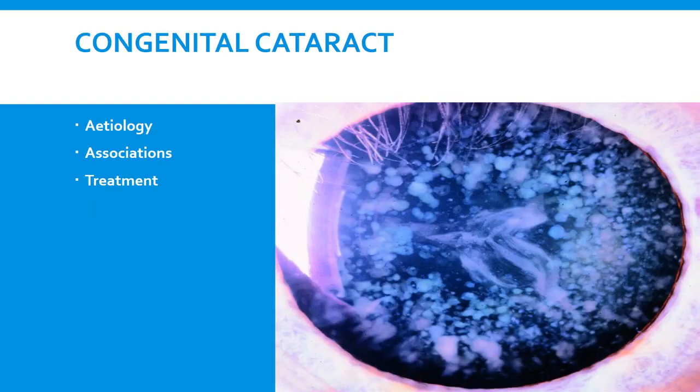Congenital cataracts. Etiology. Congenital cataracts occur in about 3 in 10,000 live births. Two thirds of cases are bilateral, and the cause can be identified in about half of these affected cases. There are several associations with congenital cataracts, starting with systemic metabolic associations like galactosemia, Lowe syndrome, Fabry disease, mannosidosis.